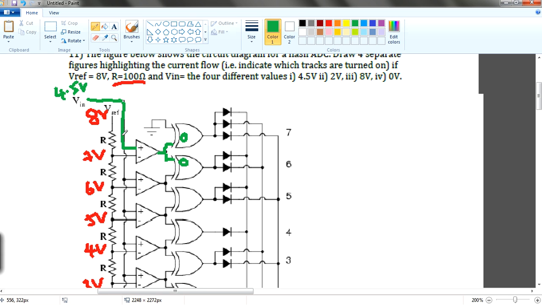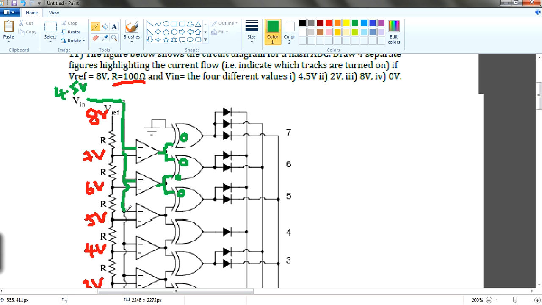You know what I mean? I think you know what I mean, because you're comparing 7 volt to 4.5 volt. If this V in is lesser than the V reference, then it will be 0. So it is 0. Same thing for here. This is all 0.